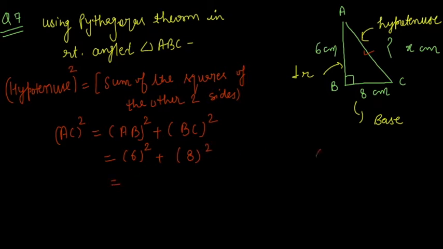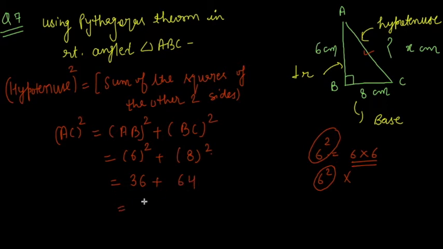6 square means 6 into 6. There is a very common error which I have noticed many students do. 6 square, they do 6 2s are 12, which is absolutely wrong. You have to expand 6 2 times. 6 square means expand it 2 times, 36. Similarly, 8 into 8 is 64, which gives you 100.